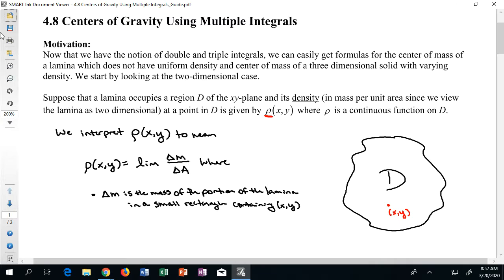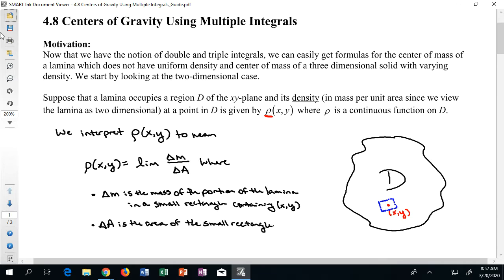So again, while it might be hard to figure out the mass at a single point, if I imagine putting some sort of a box around this point, I might be able to find the mass there, right? Because I could actually cut that portion out and measure its mass. That's not too difficult. I could also then say that delta A is the area of the small rectangle in blue.